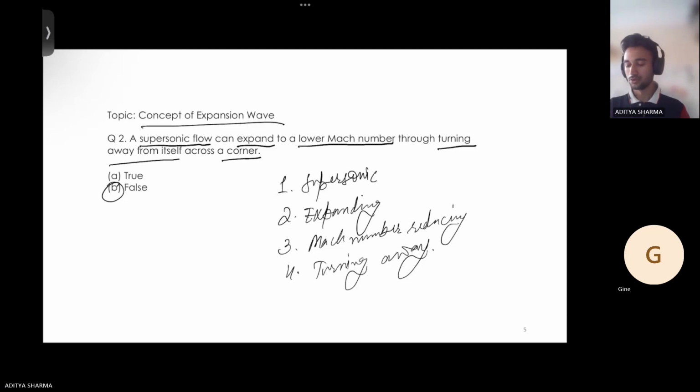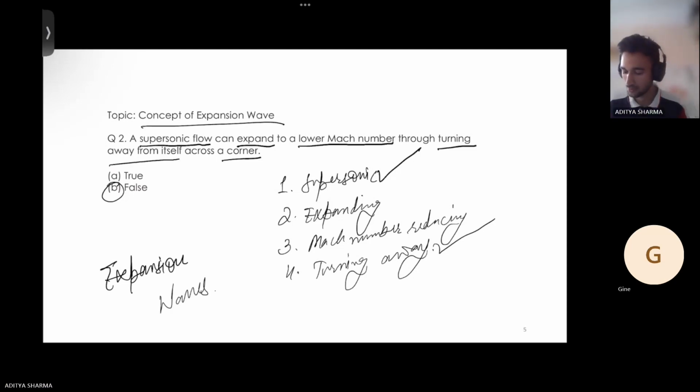If you see points 1 and 2, first of all, the question says the flow is supersonic. And in the fourth point, it is saying that it is turning away. If you add up these two pieces of information, what you see is that one should get expansion waves.